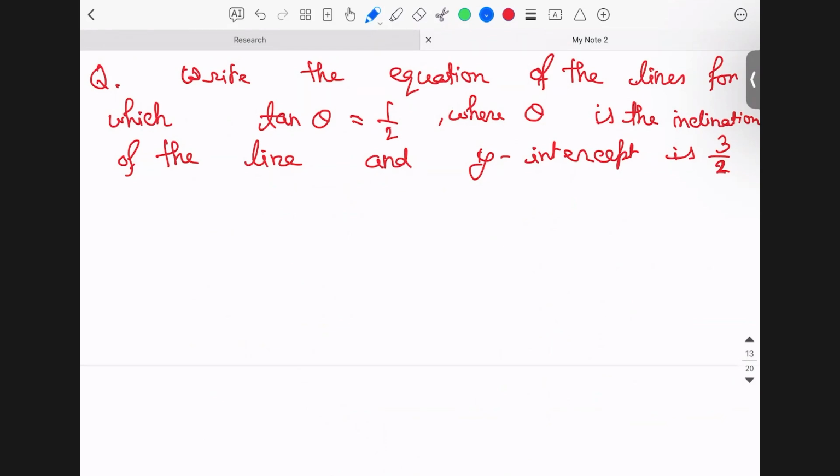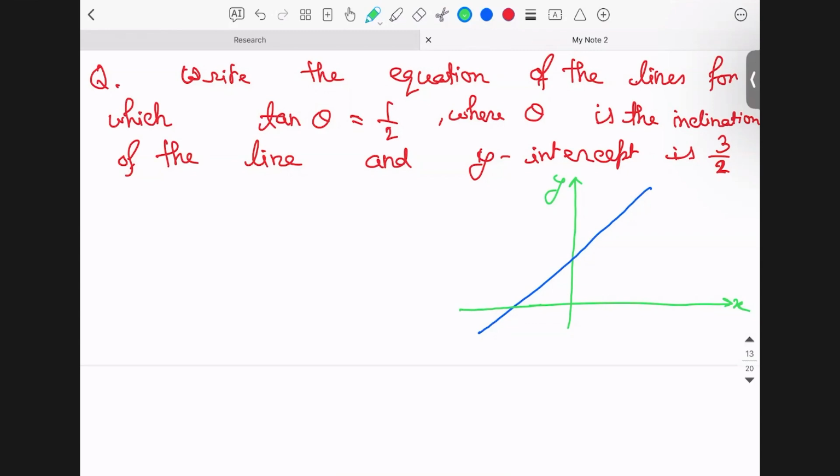So if this is our x-axis and this is y-axis. And what they are saying is that y-intercept is 3 by 2. So the straight line can be like this. Suppose the straight line is like this. I have no idea how it looks, but yeah, tan theta is positive, so theta will be some acute angle.